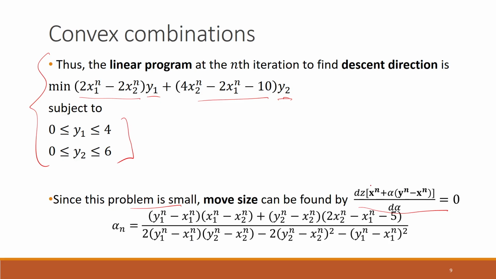If you do that, you have the objective function z given to you, which I had shown in the last slide. In that, put this xn plus alpha n times yn minus xn. Then you will get the expression of this function z with respect to xn plus alpha times yn minus xn, and then take the derivative with respect to alpha and equate it to 0. So this is the expression that you will be getting. I will leave it as an exercise for you to do.